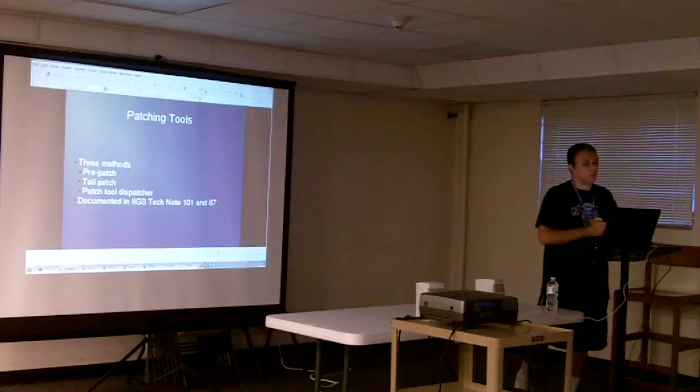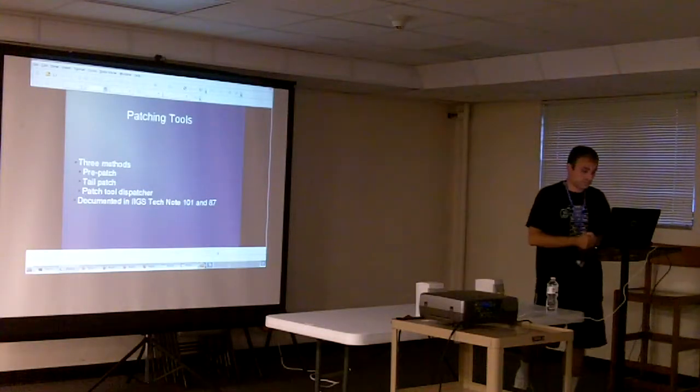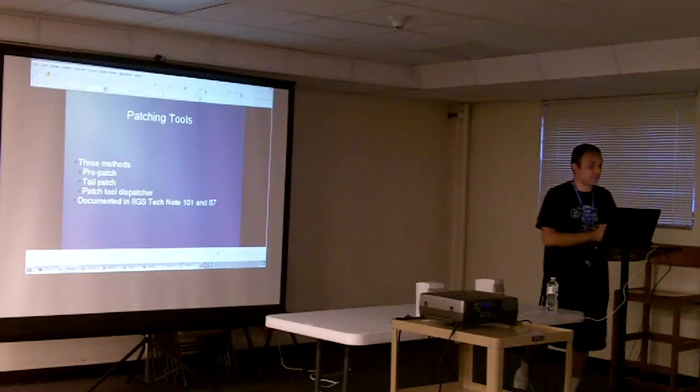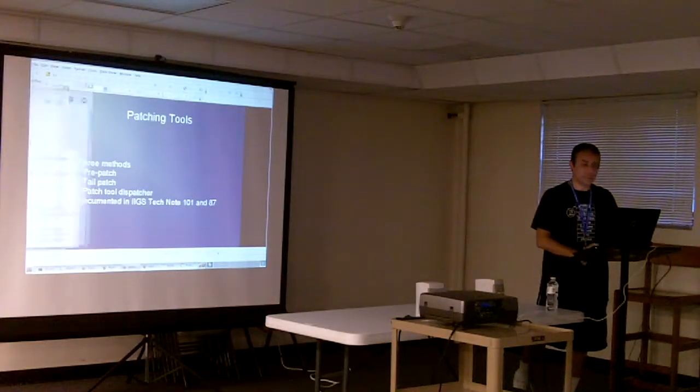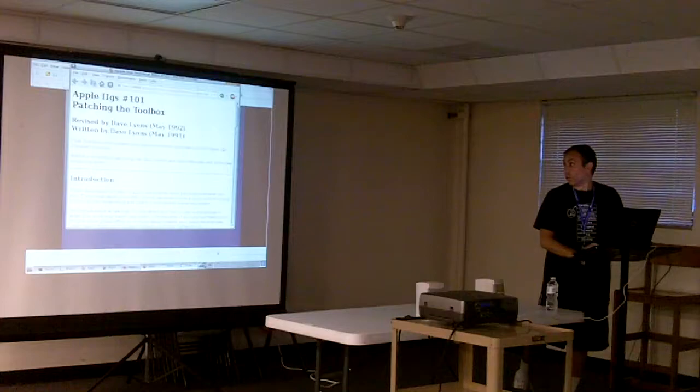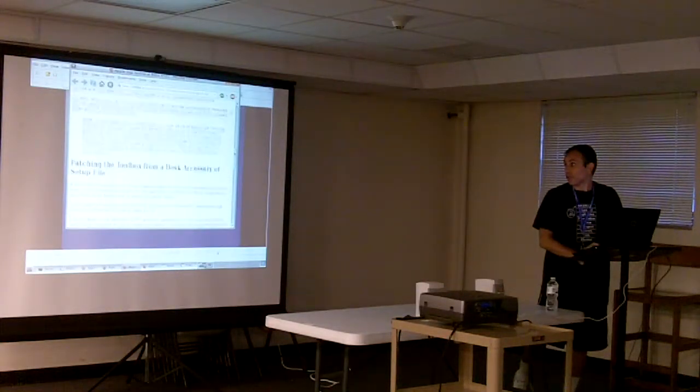So one has to be very careful if you're going to do a tail patch, because there are some patches in the system that check for that return address. Did that make enough sense? It's also fully documented in the two tool sets, 101 for patching the toolbox.